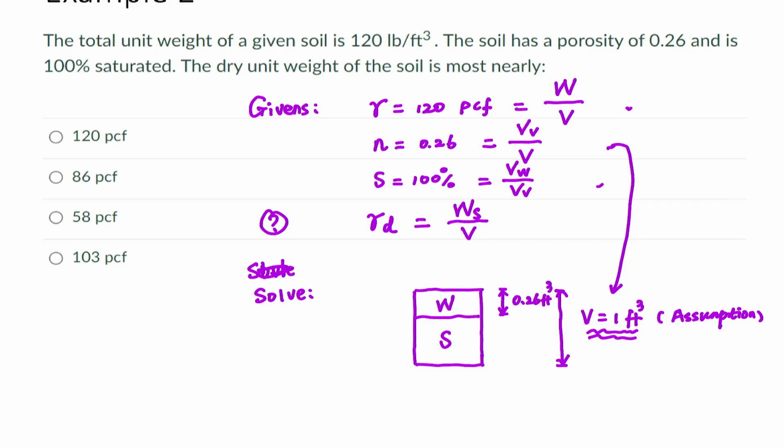Because you would know immediately that the volume of the water would be 0.26 cubic foot. But you might ask, hey, in this equation we're talking about the volume of the voids. That's absolutely right. But you don't have any air because the soil is fully saturated, so all the volume of the voids will be occupied by the water. So the volume of the water will be 0.26.